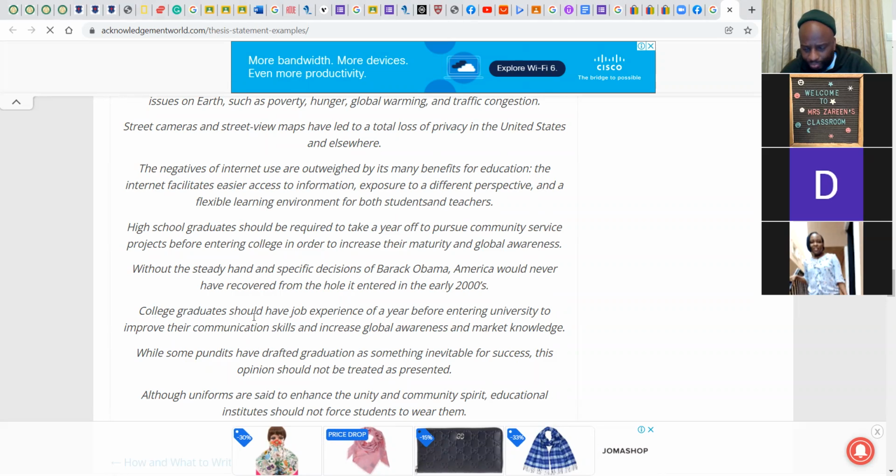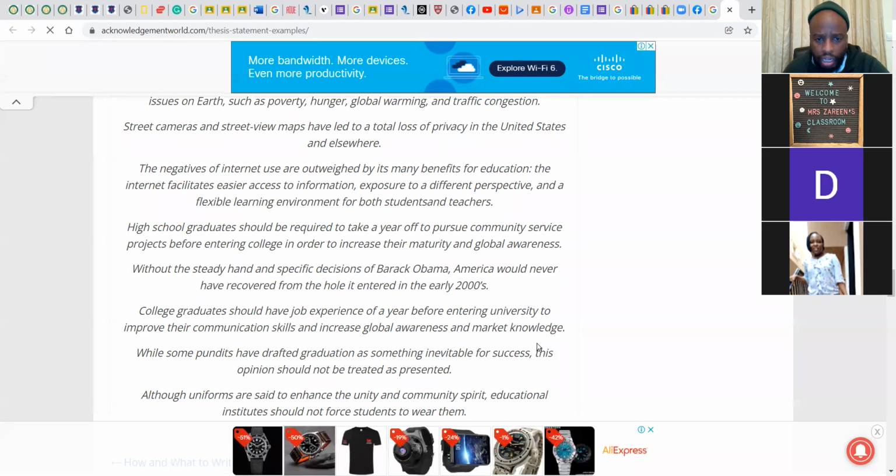Try to stay away from modals like should and could. Use must. College graduates must have job experience of 1 year before entering the university. And that's debatable, right? Everyone doesn't agree with that. That's a debatable claim.